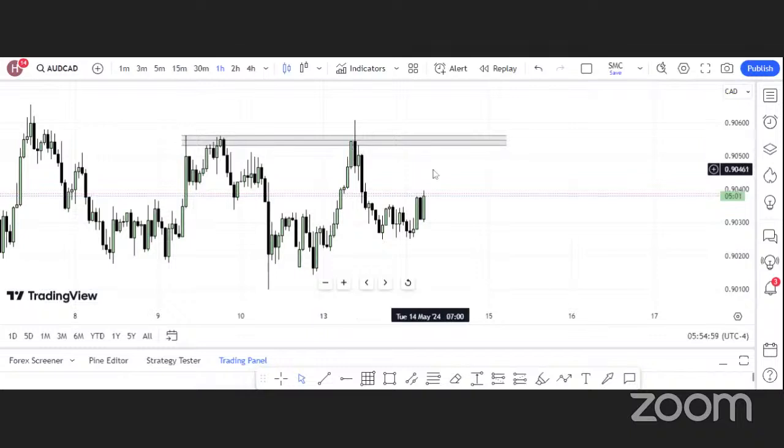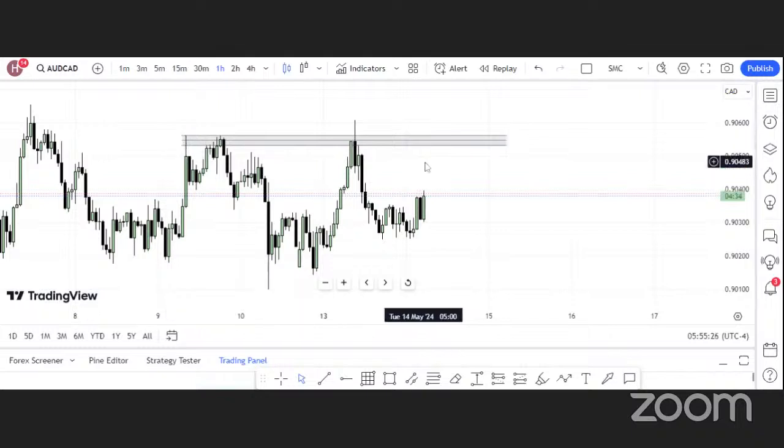So what this simply means is I have a resistance zone here, and I want the market to get back here and repeat what has happened previously. I don't know if you get the point, Romanus. When the market gets into this level, I'm expecting it to sell again, because that's what has been happening here.